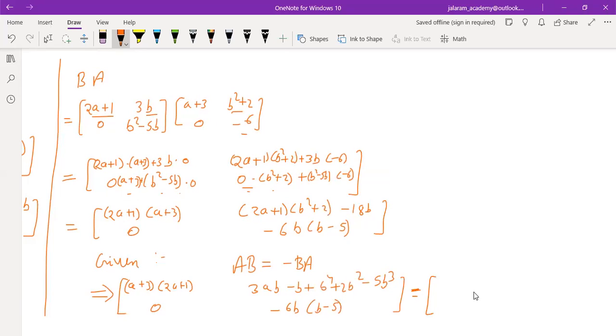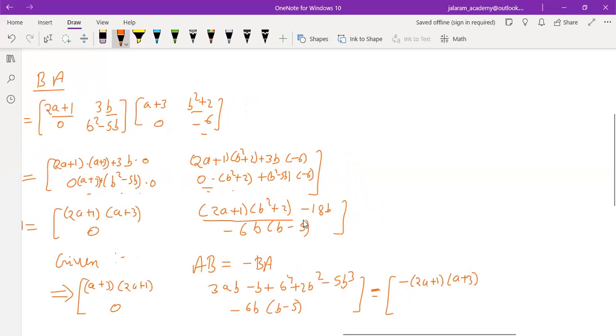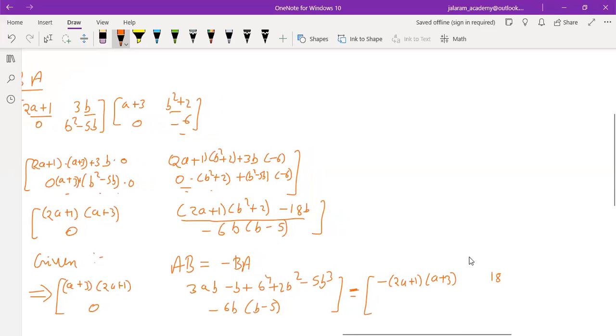So we will multiply all the terms of BA with minus 1. So minus 2A plus 1 into A plus 3. This will also be multiplied by minus 1. So 18B, minus 2A plus 1 into B square plus 2, 0, 6B into B minus 5.